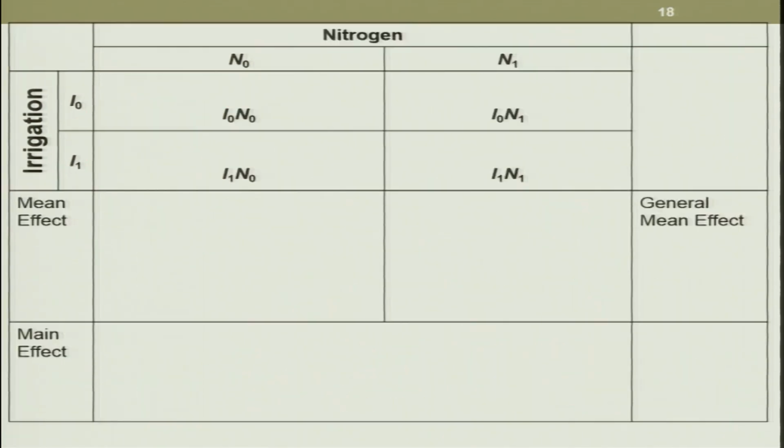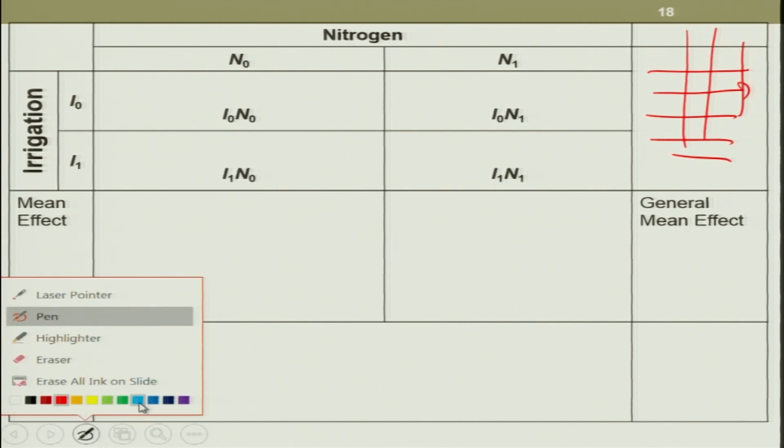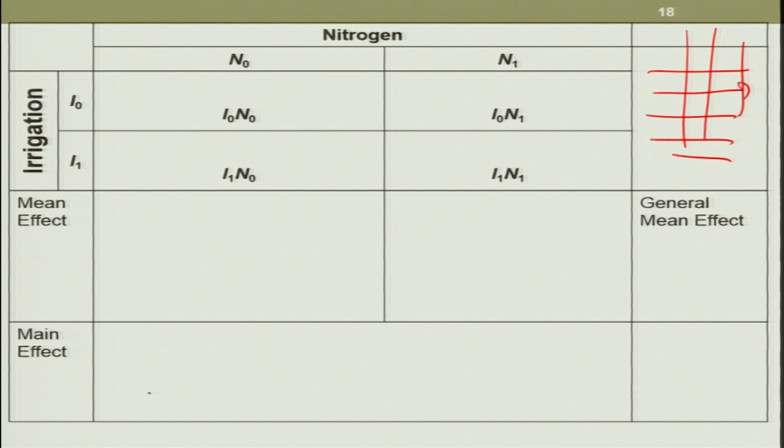Now, the same exercise I can do in the other direction. Up to now I was working in this direction, but now I am going to do the same thing in the other direction. So, I can write down here briefly.